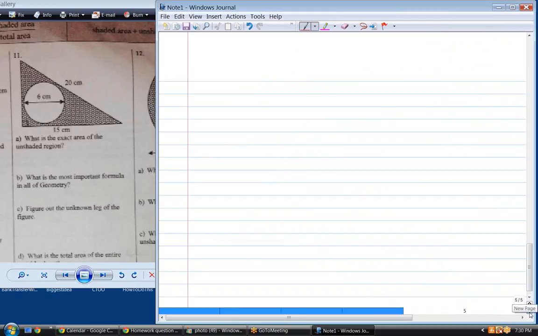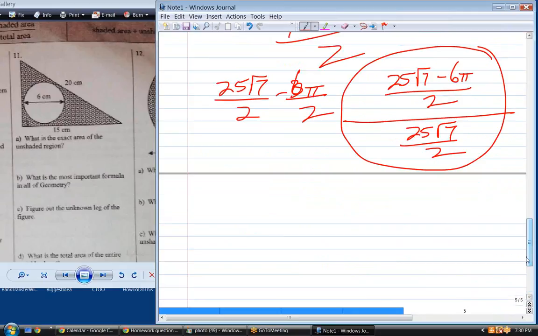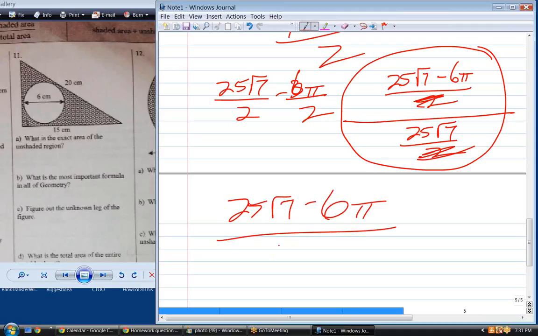The only thing I know for sure is that the 2's will cancel themselves out. In other words, the way we divide by a fraction is we reciprocate it, we flip it, and multiply, right? So the 2's go away, and I'm essentially left with 25 root 7 minus 6 pi all over 25 root 7.